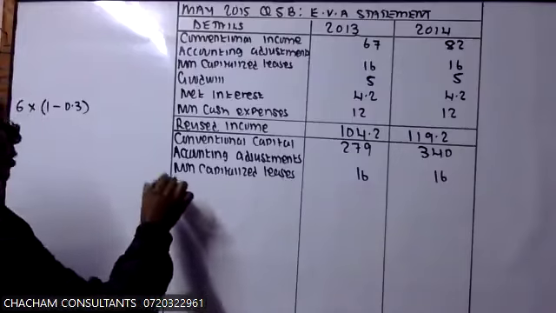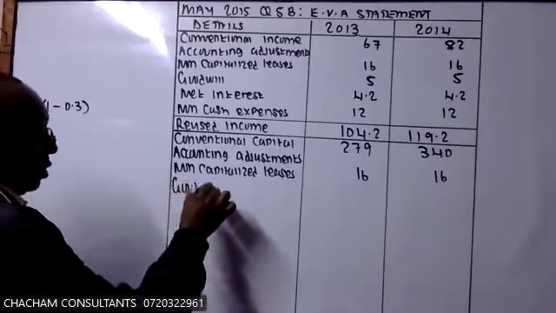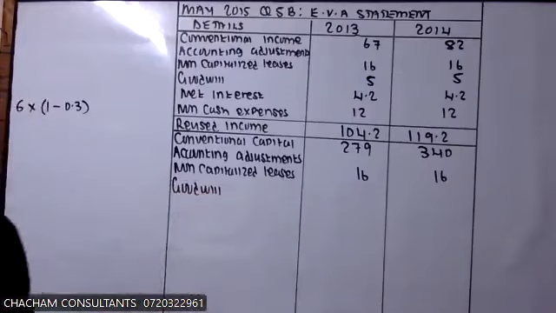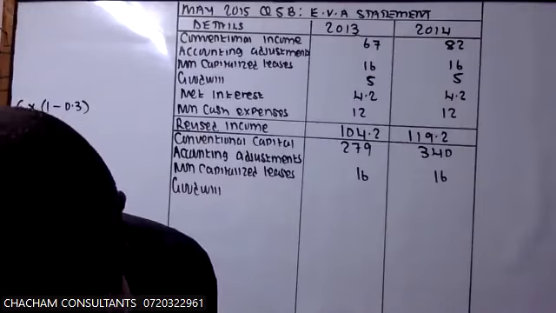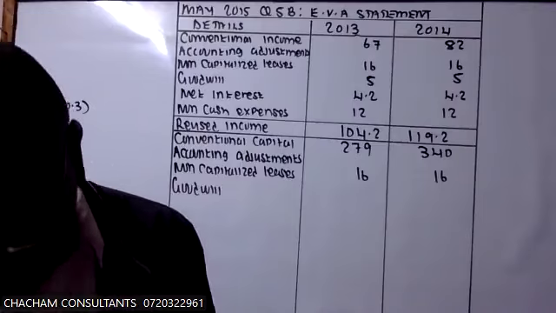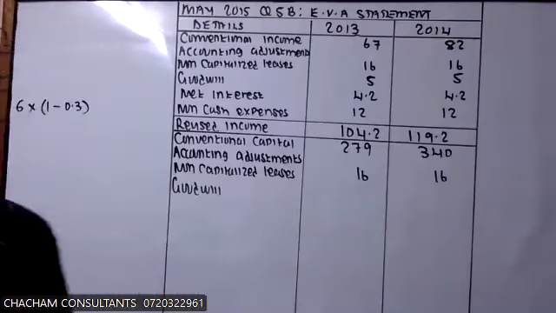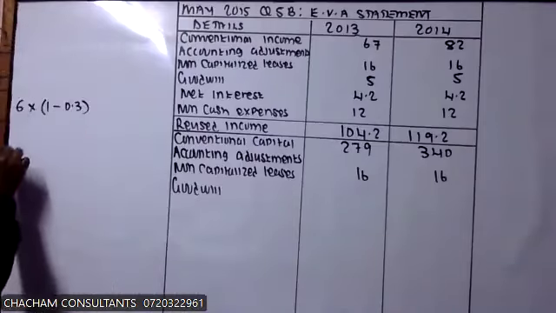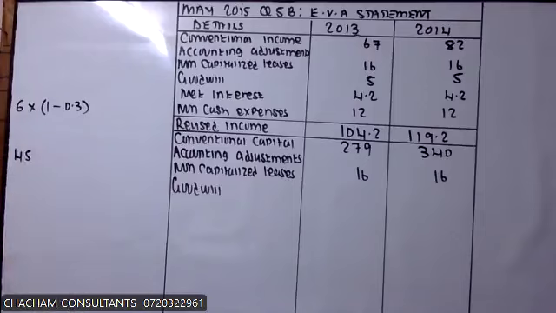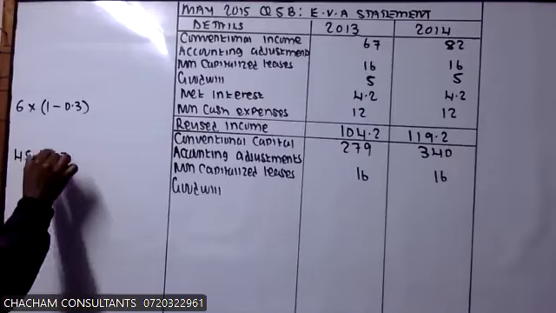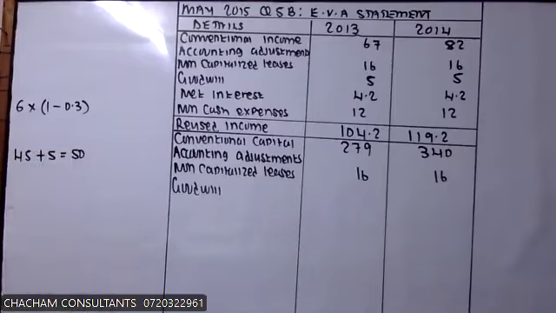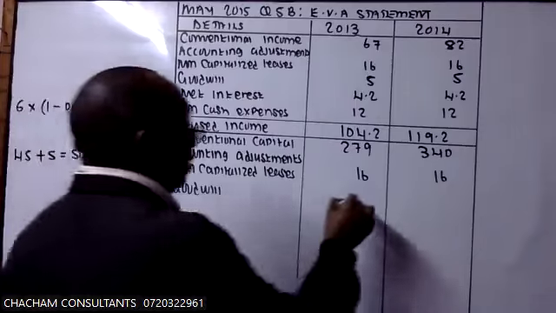Then kuna goodwill. Goodwill should come in. Na unaona hapa kwa information na 3. Wanasema the goodwill before 2013 was 45. So they brought down. So you are supposed now to add the current one that you have charged. So you should charge 50. Rather, you should bring back 50.